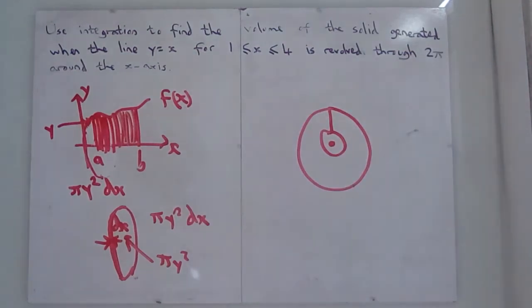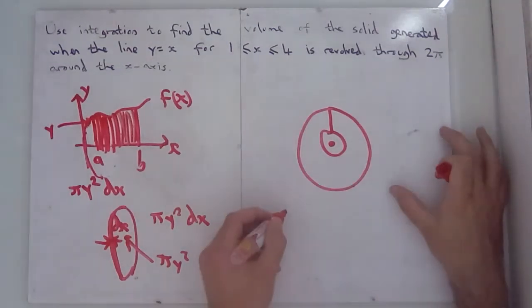It looks a lot better when you do this on something like GeoGebra, if you follow the link. But when you do a definite integral between a and b, what you are doing is adding up all these little discs, the volume of each of them.